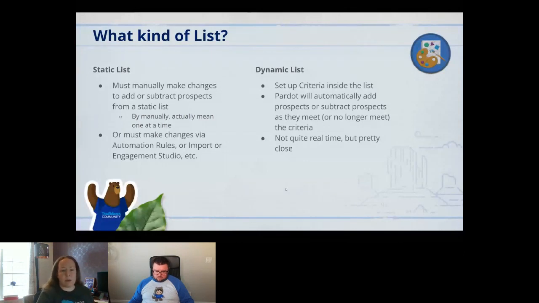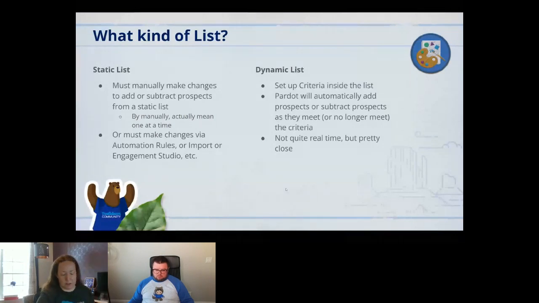And by manually, I do mean you can go to each individual prospect and say add to list, or you can make changes en masse via automation rules or by import, or you can do it in Engagement Studio, or you can do a table action and say all these checked prospects, add them to a list. But you must manually set something up to make people join that list. And once they're on it, they're on it. They don't fall off of it.